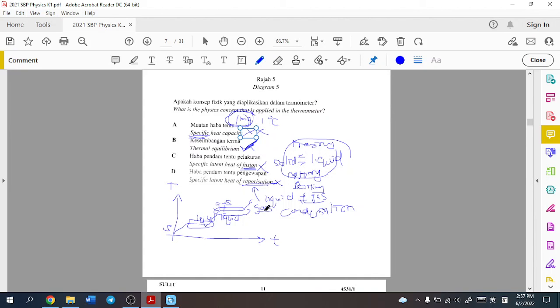So gas and liquid here is vaporization, and liquid and solid here is fusion. Whenever you see latent heat of fusion or latent heat of vaporization, it mostly involves a change of state of matter. So when you see a question that involves a change of state of matter, it most probably involves latent heat of fusion or vaporization.